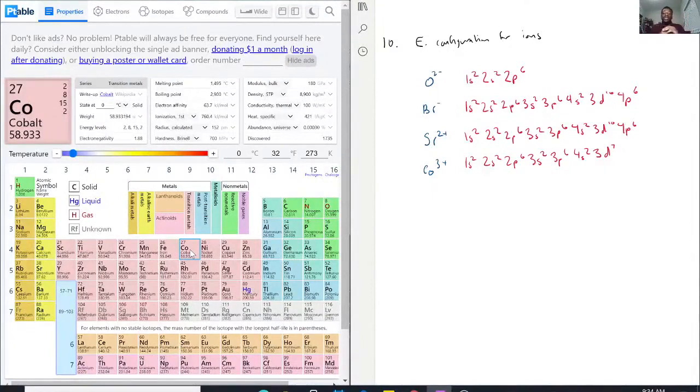Let's just say we lost everything from the d orbital because it's the one we wrote last. Minus 3, we would now have 3d4. But here's the thing: when it comes to transition metals, this is where it gets tricky. The orbitals start to get a little bit wonky. 3d4 is so close to 3d5, where all the orbitals are half filled, that it would actually prefer that.